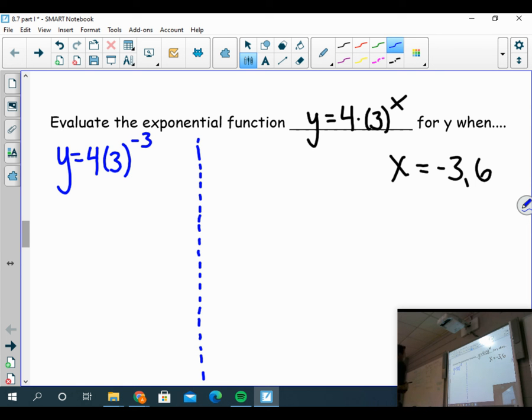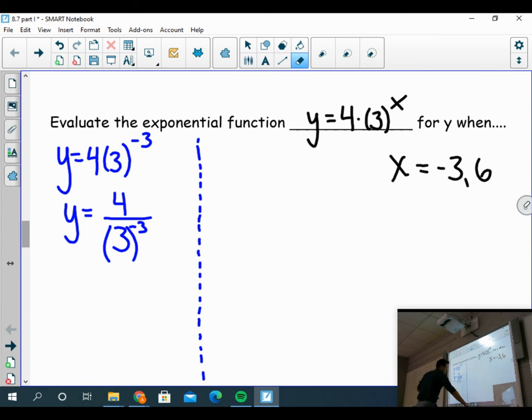So how am I going to evaluate this? Well, the first thing I'm going to do is simplify the negative exponent by rewriting it in the denominator. By rewriting it in the denominator of the fraction, it makes the negative exponent positive. And then I can solve from there, right?